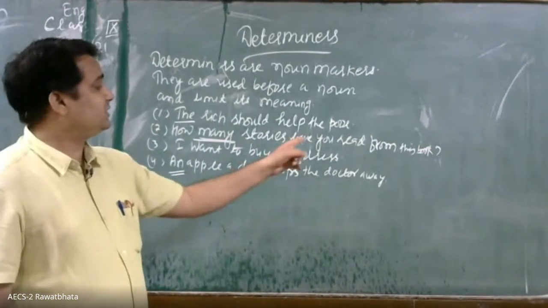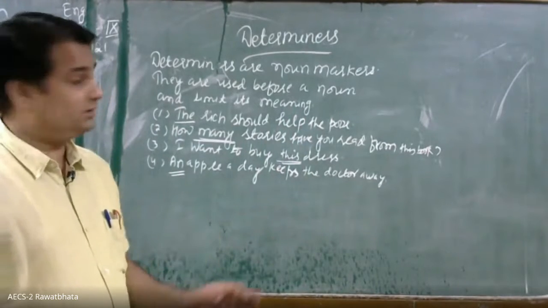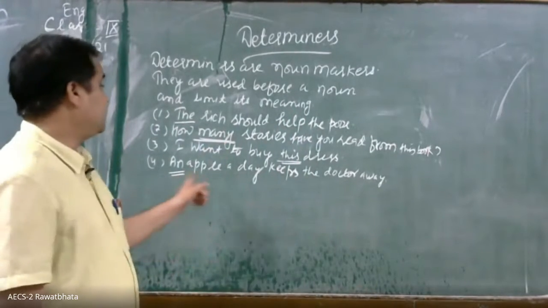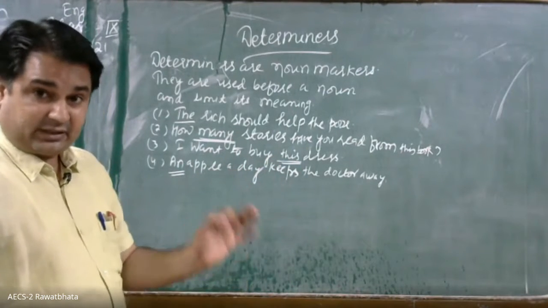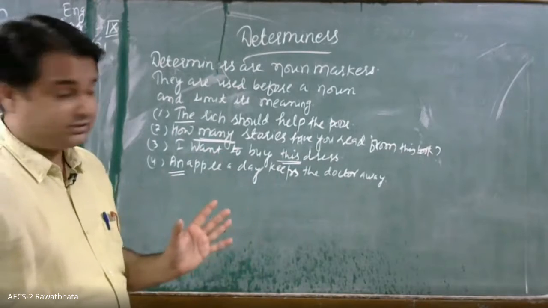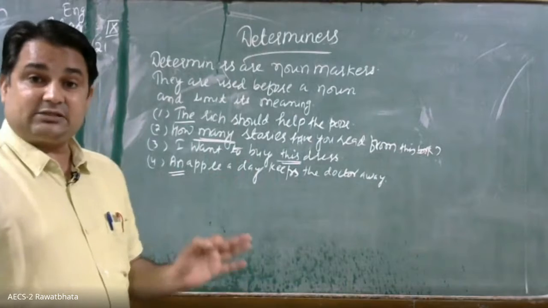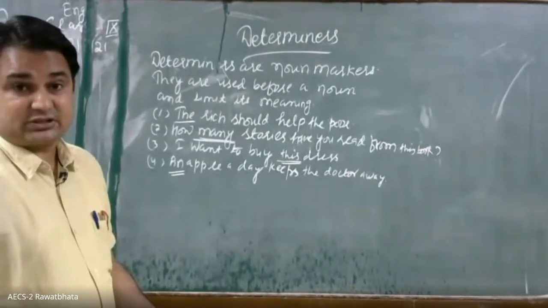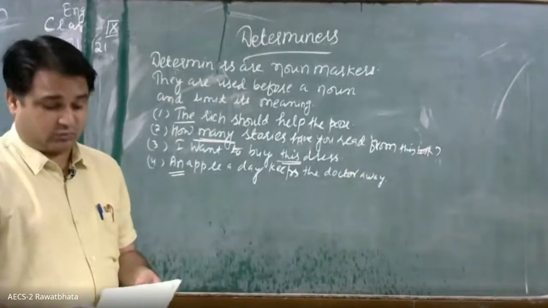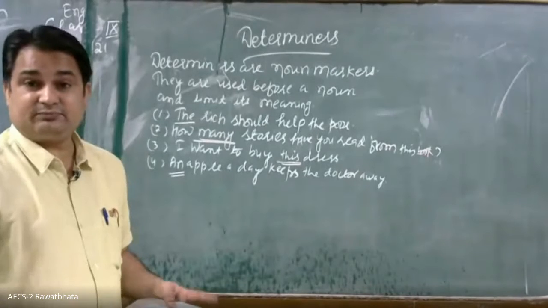How many stories have you read? It is limiting the meaning of the stories. I want to buy this dress. A particular reference has been made for a dress. An apple a day. A particular quantity has been specified. So all these are determiners. Have you understood? All of you have written? Yes, sir.